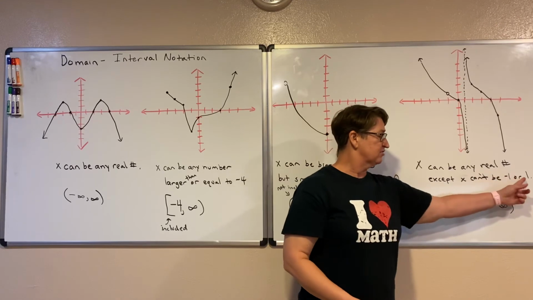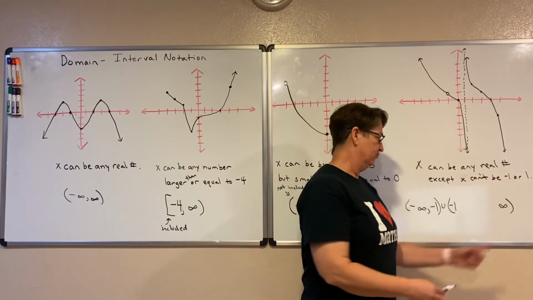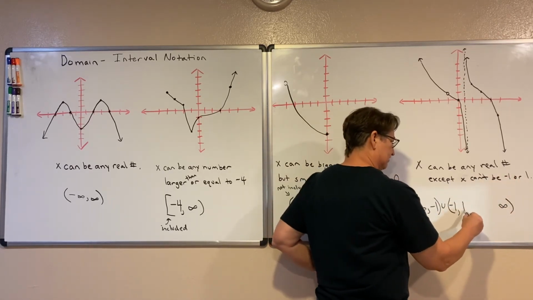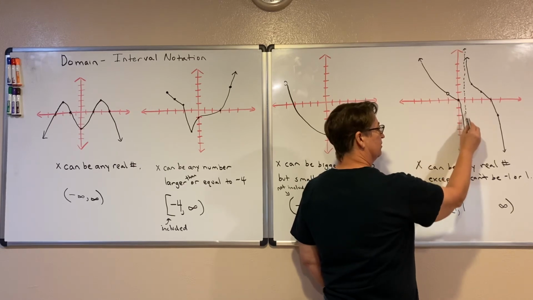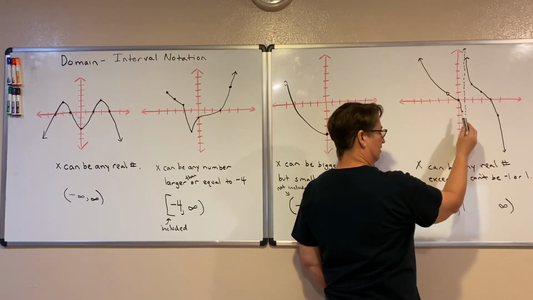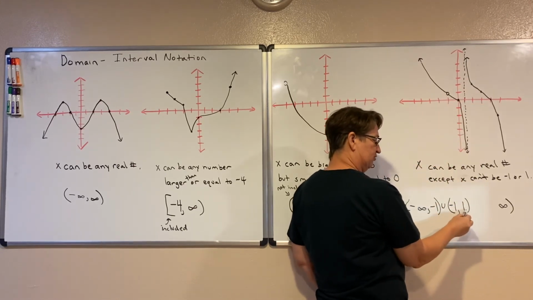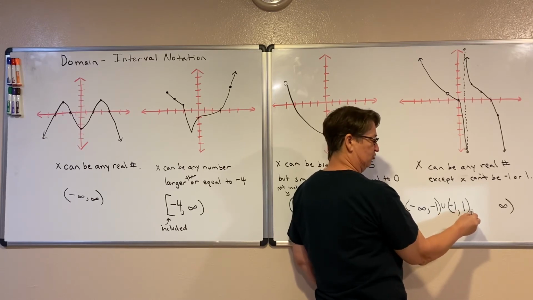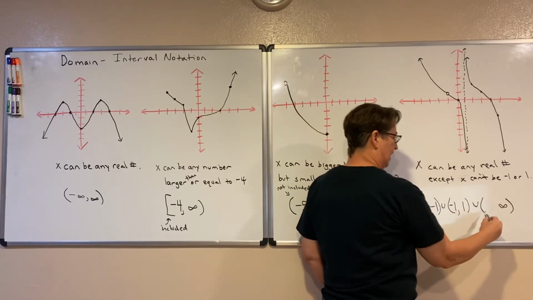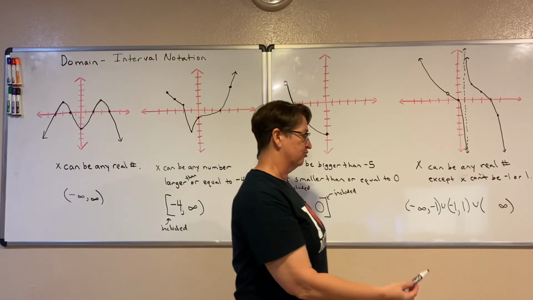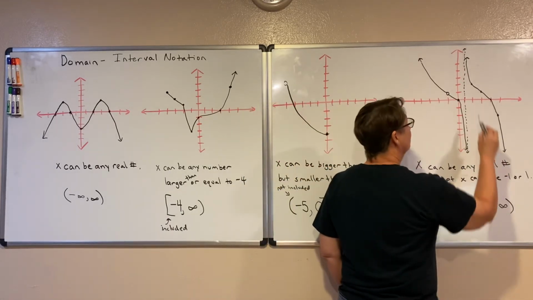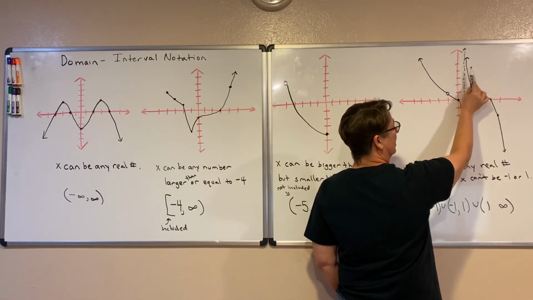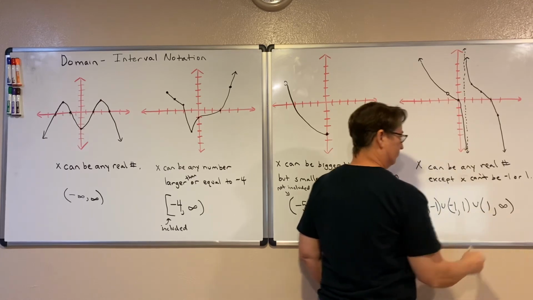Then the next thing that's not included is the 1. So now it gets close to 1, but there's no output there at 1. Because my 1 is not included, again, I use a parenthesis. And then I start again on the other side, from 1, where it gets close to 1 but doesn't hit it, out to infinity.